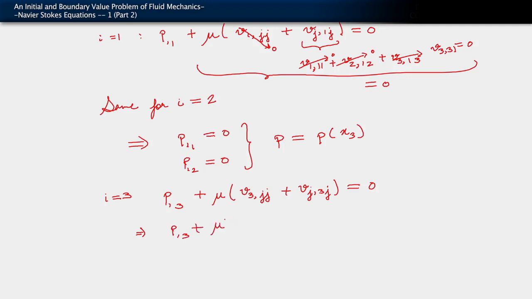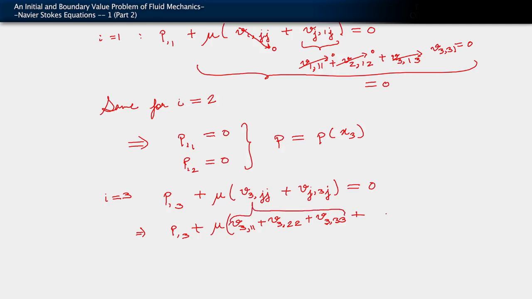Let me expand everything out. The first term is v3 comma 1 1 plus v3 comma 2 2 plus v3 comma 3 3, and all of these come from here.